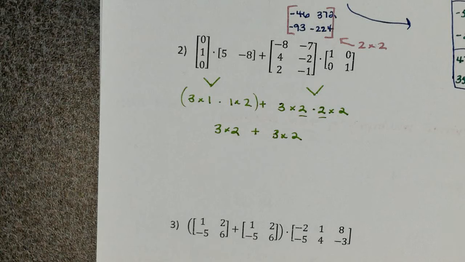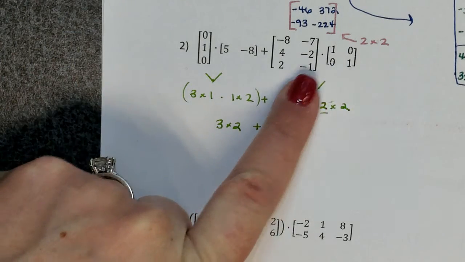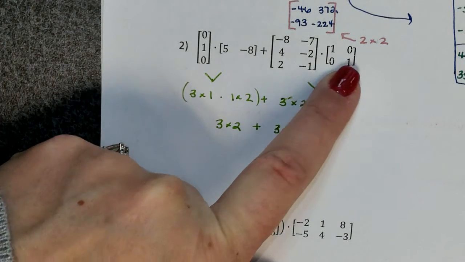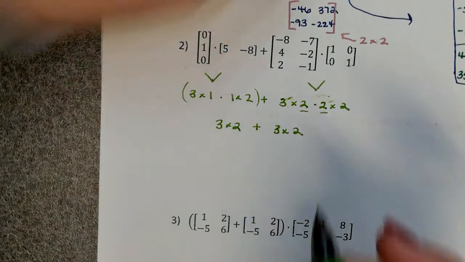So, there is a shortcut here. Anyone see it? When you multiply these two together? Identity matrix. This is your identity matrix. So do we have to actually show our work to multiply these together? No. What's our answer going to be when we multiply those two together?